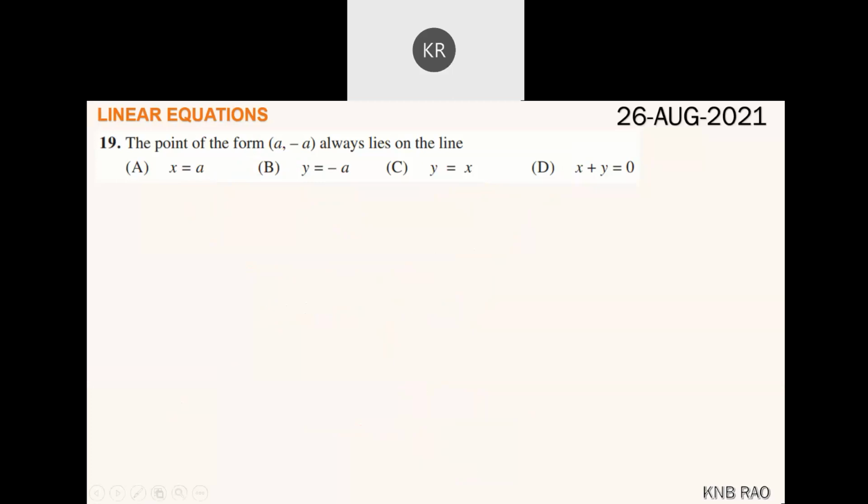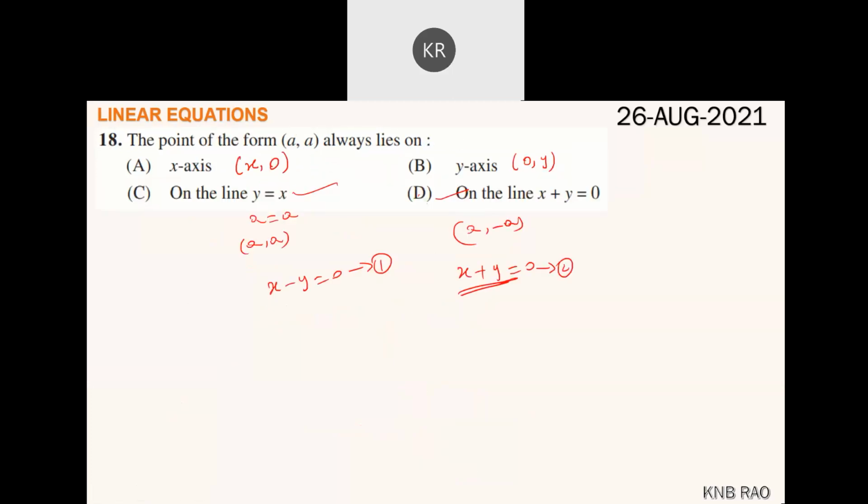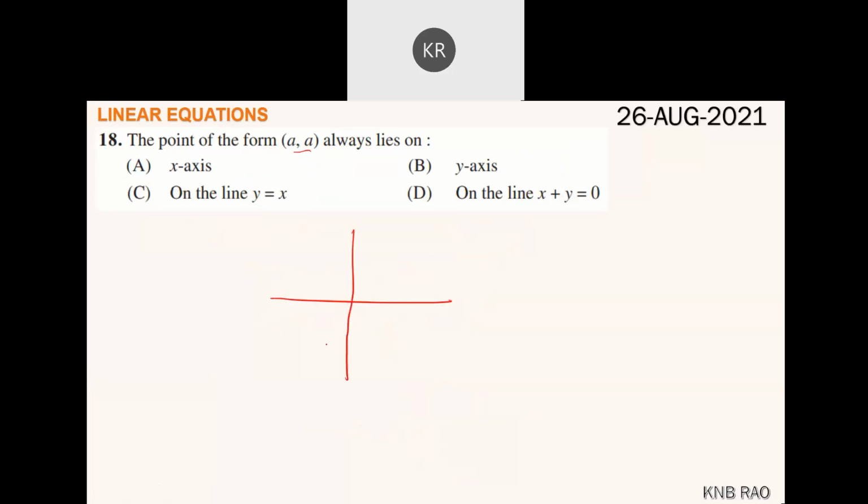Coming to the 18th question, it talks about the point a comma a. It will be exactly passing through the origin, dividing the Cartesian plane into two parts, passing through the first and third quadrants with an angle of 45 degrees.